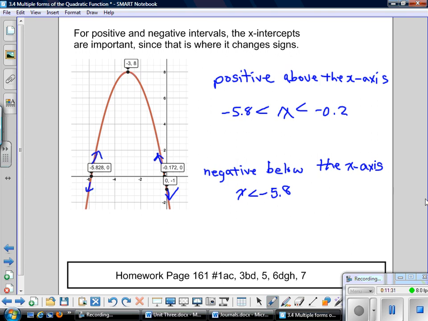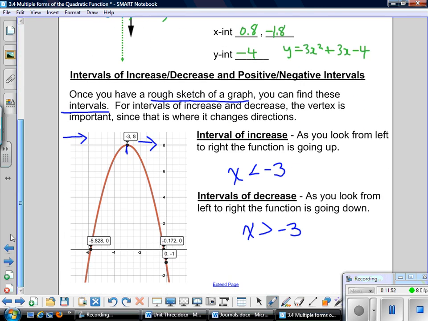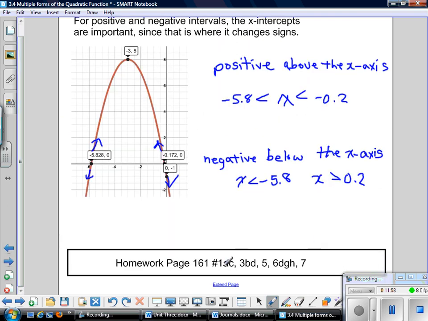And also x would have to be greater than, because we're talking about x's, x would have to be greater than our negative 0.2. Okay, so just be really cautious of that between positive and negative intervals, which deals with the x-axis, compared to when we're talking about intervals of increase and decrease. Okay, so lots of work for you to do.